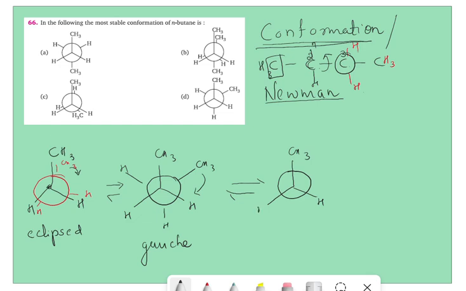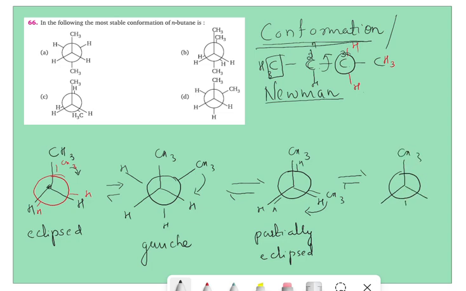So let's fix the front carbon, and you see that it's going behind this. Of course this is also eclipsed, but not fully eclipsed. It's partially eclipsed. Why so? Because the methyl is behind hydrogen, not the other methyl, right? And then what happens? This methyl will be anti-periplanar to this methyl.